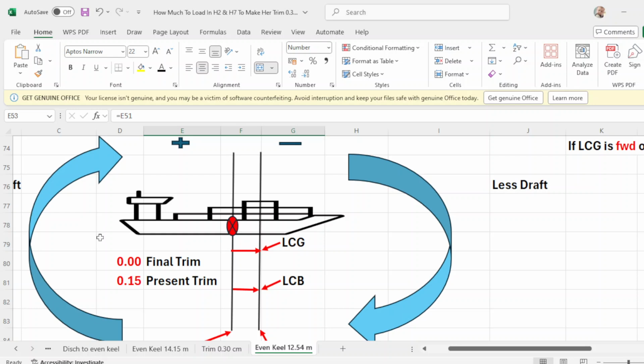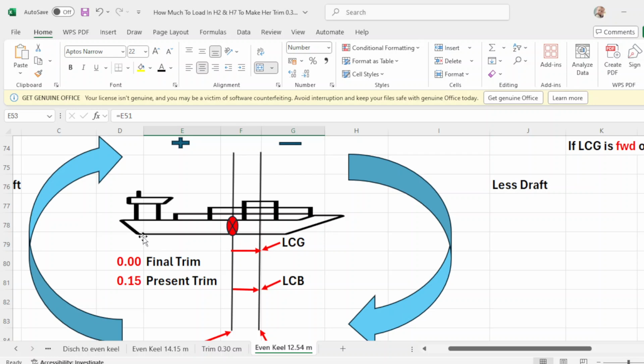And your final trim should be 0. So which means the aft part of the vessel should go up to its 0. So that's why you have an arrow here, because from 15, it will go up until your final trim is 0. That's why it is counterclockwise.